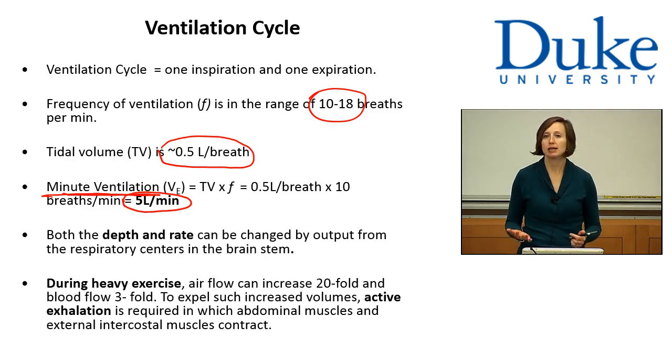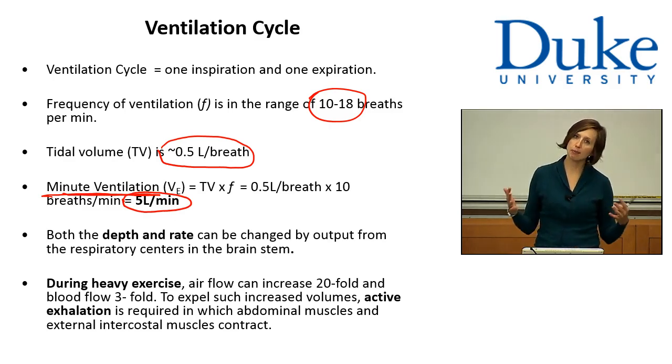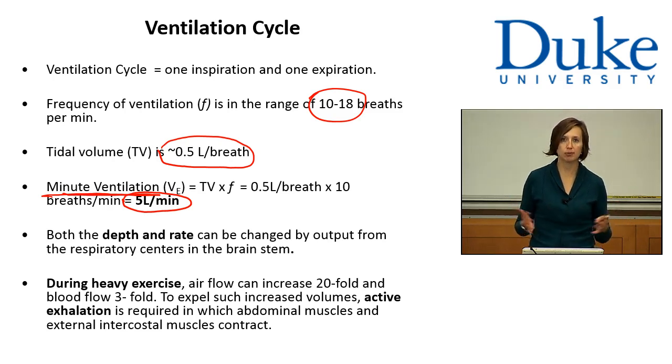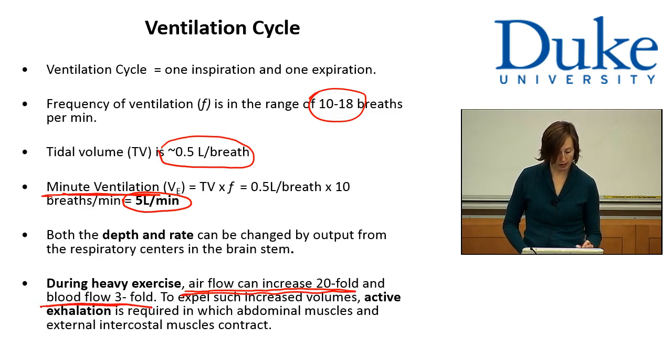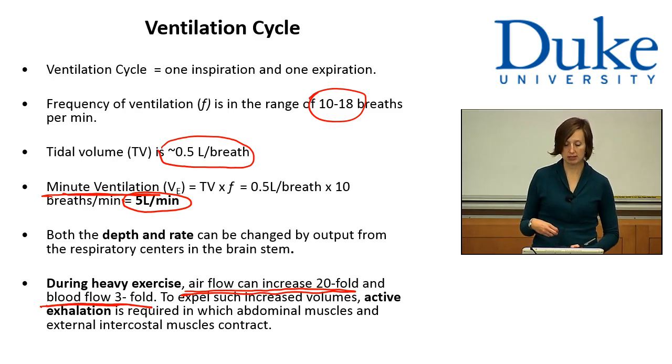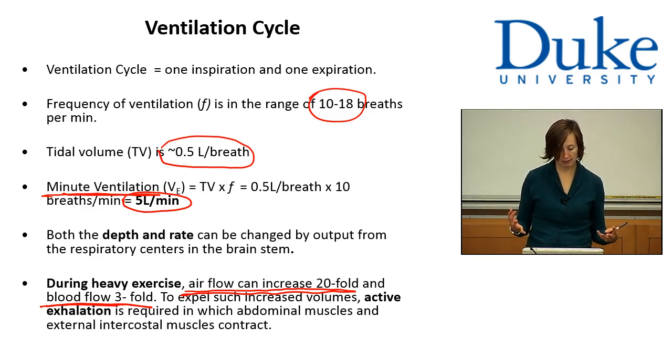Keep in mind, and we'll be talking about this some, that the depth and the rate of breathing can change, and this can dramatically increase airflow 20-fold, and then blood flow can increase 3-fold to the respiratory system. So during heavy exercise, we can make a huge adjustment in the minute ventilation.